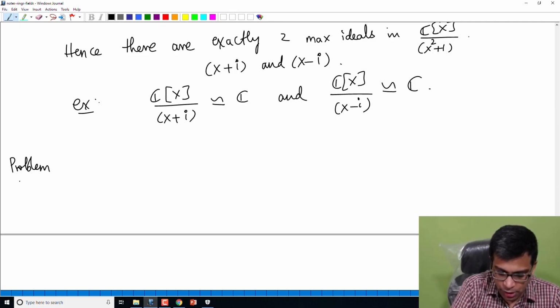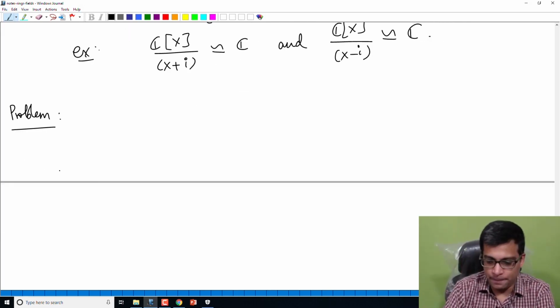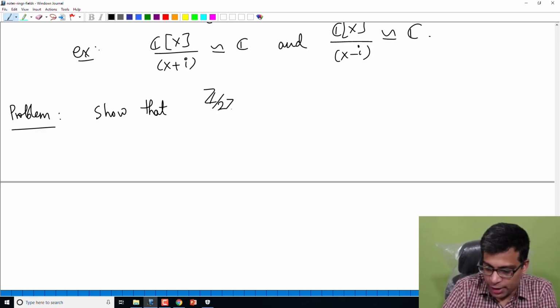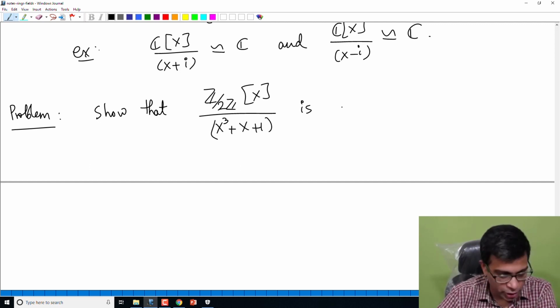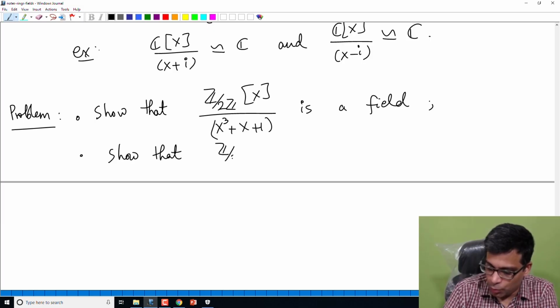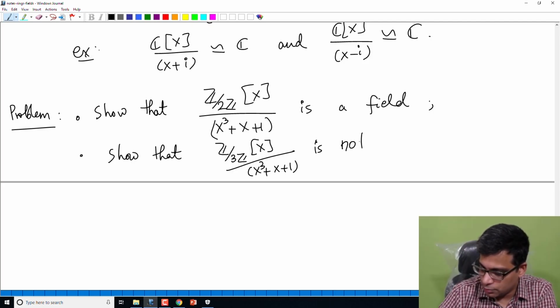I lost track of the number, but it's a different problem similar to the previous problem, which is: show that Z mod 2Z [x] quotient x cubed plus x plus 1 is a field, and the second part is to show that Z mod 3Z [x] by the same polynomial is not a field.